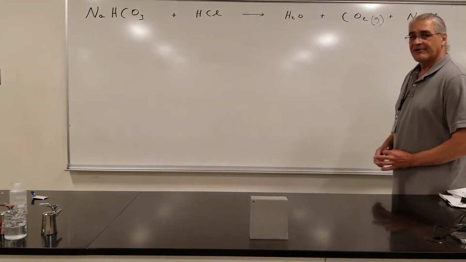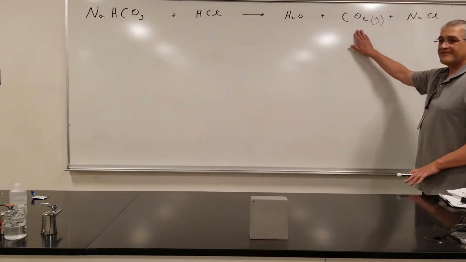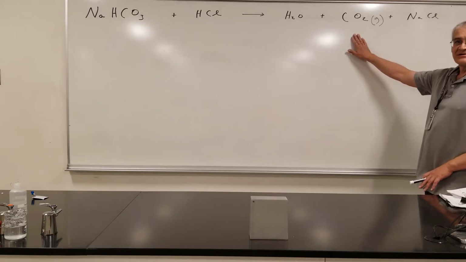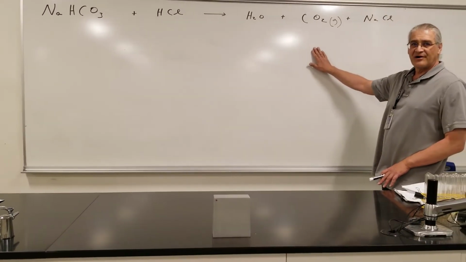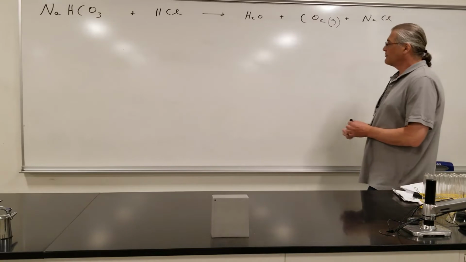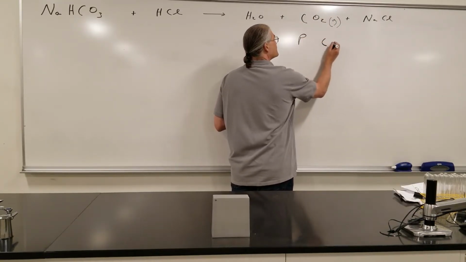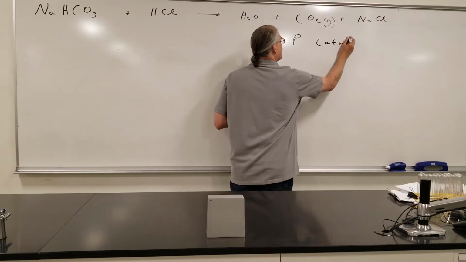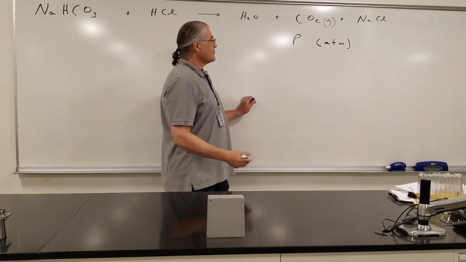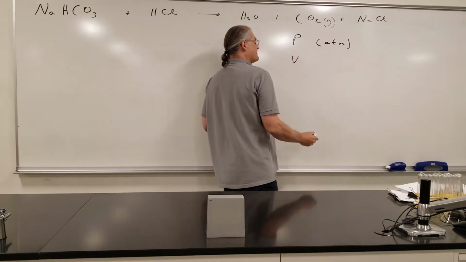Okay, so what we're directly measuring today is the volume, the temperature, and the pressure of this carbon dioxide gas. We'll know the pressure of the gas, and we're going to measure that pressure in units of atmospheres. We'll know the volume of the gas.